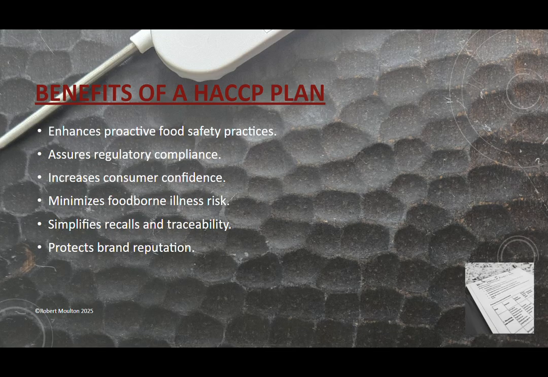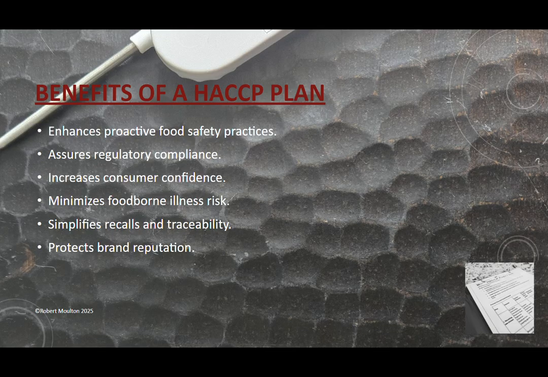So the benefits of implementing a HACCP system include things like it enhances food safety by following proactive risk management, rather than being reactive. It helps with compliance to regulatory standards, as it helps businesses meet legal requirements and avoid penalties.